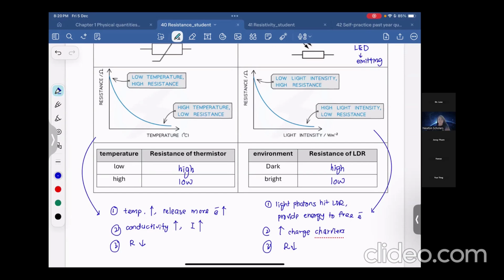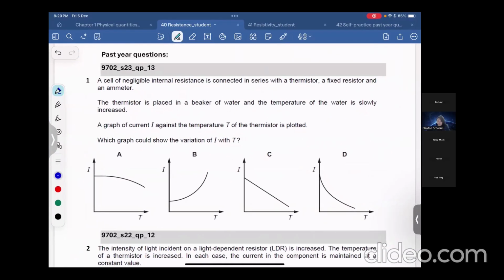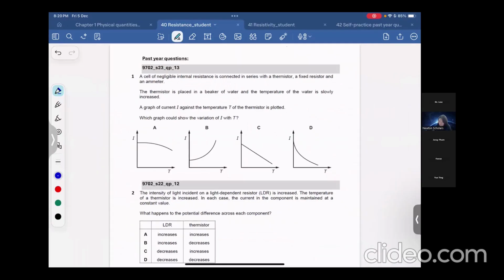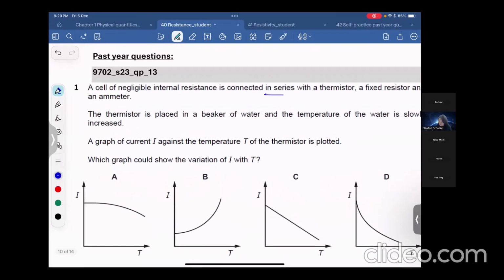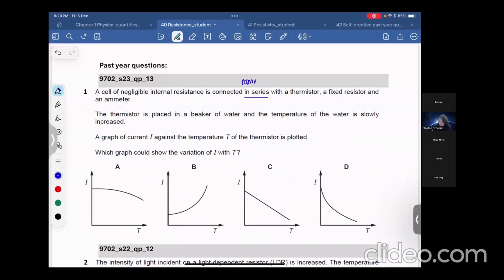Okay, so done. Then we try a practice question right now. Okay, let's go. A cell of negligible internal resistance is connected in series with a thermistor and a fixed resistor. Always in series, then ask ourselves, same current.